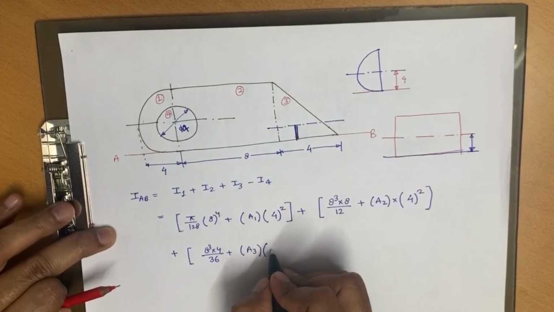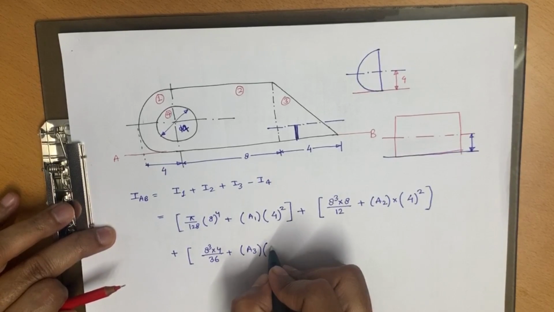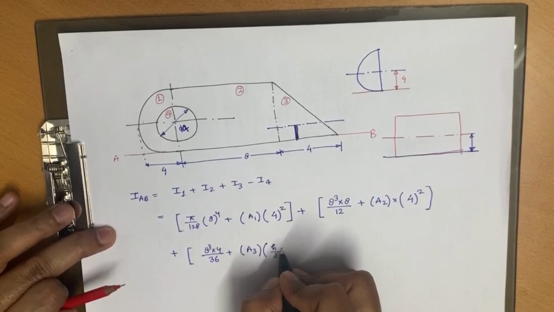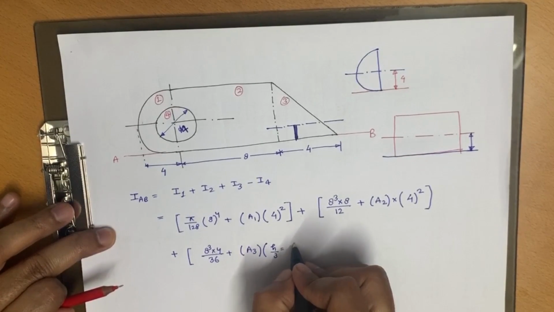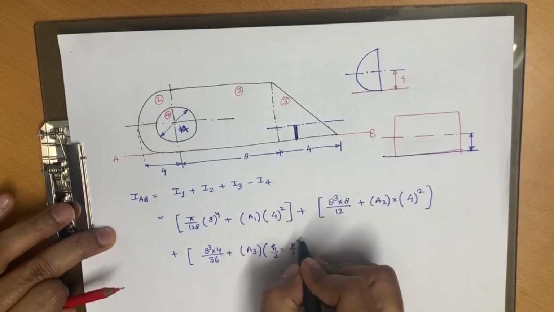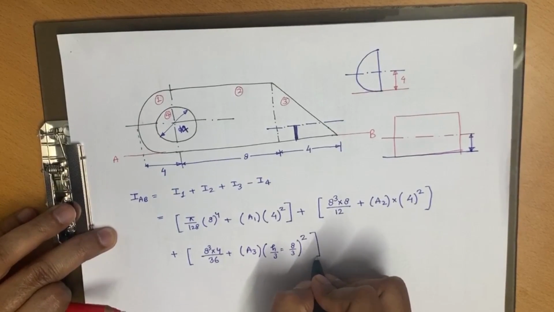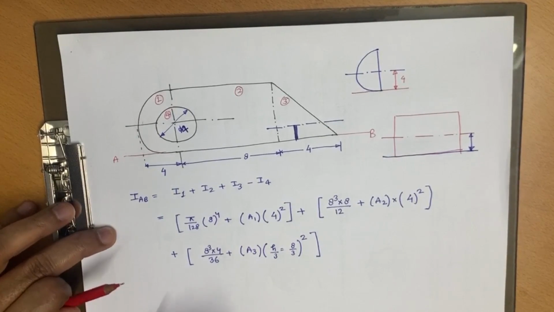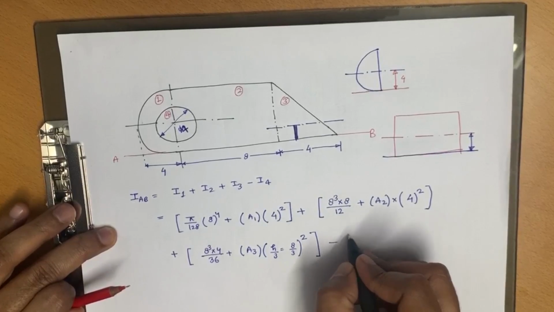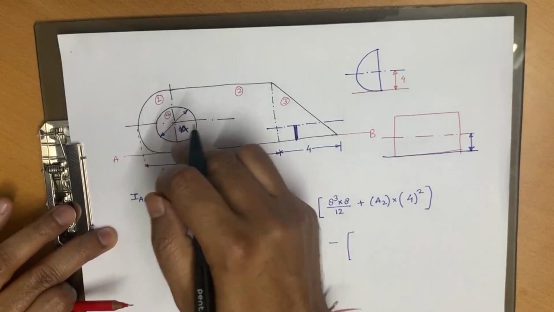And what is this distance? H by 3. H by 3 means 8 by 3, and whole square, right? Okay, then minus corresponding to this.